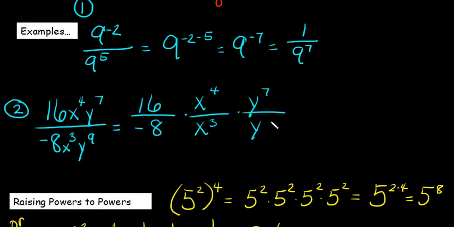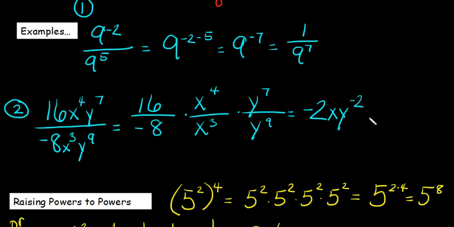Now when we work this out, we've learned that all we have to do is subtract when we get to the exponent. So first, 16 divided by negative 8 is negative 2. And then if I subtract my exponents, 4 take away 3, that leaves us 1x. 7 take away 9 leaves us a negative 2y.